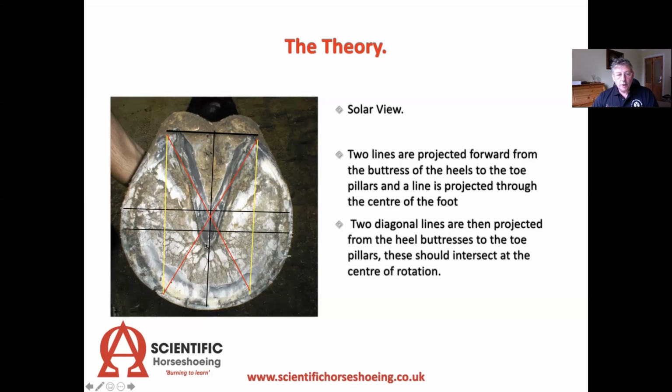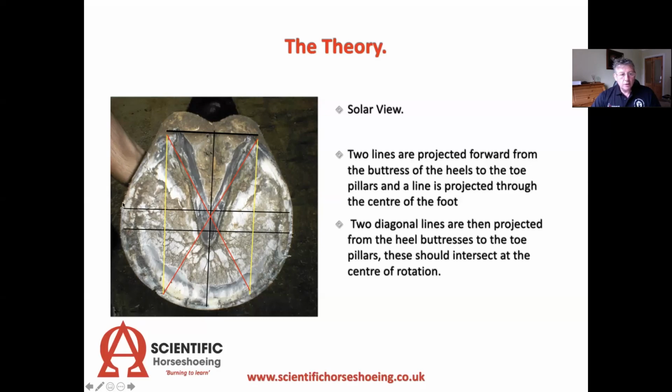Also notice that we put in here the center of pressure, 5 millimeters back from the true point of frog. And what this allows us to do is to assess the proportions of the foot. When we look at it like this, we can assess this radius of the foot with this radius at the toe, the radius of the quarters on either side, and the radius of the heel quarters.